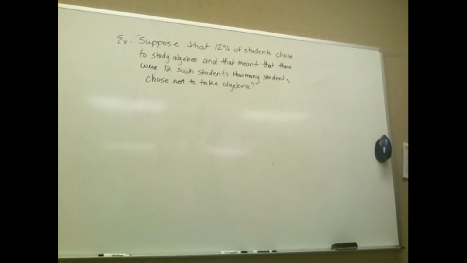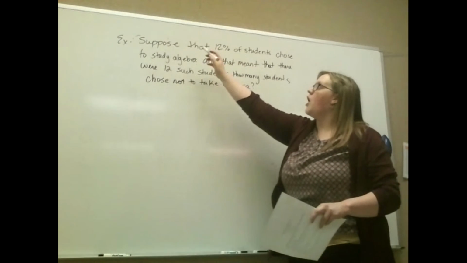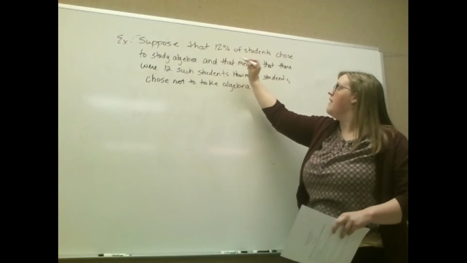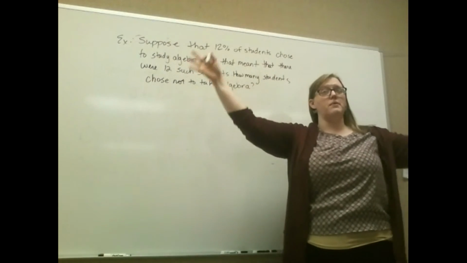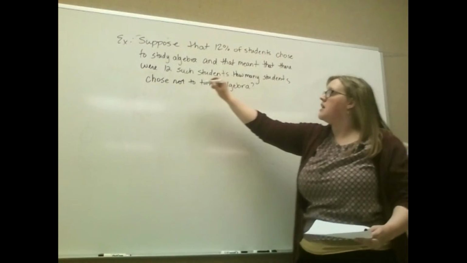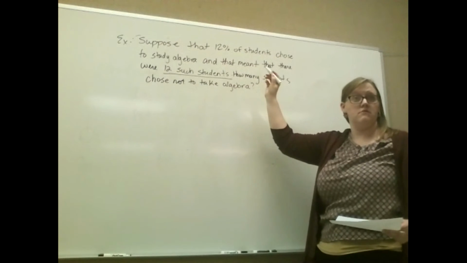All right, okay, so this is what we got to do for this one. I'm going to label steps on this one as well. Okay, so all we know is that 12% of students chose to study algebra, and that of the total student population that could have chosen algebra, 12% equaled 12 students, all right?